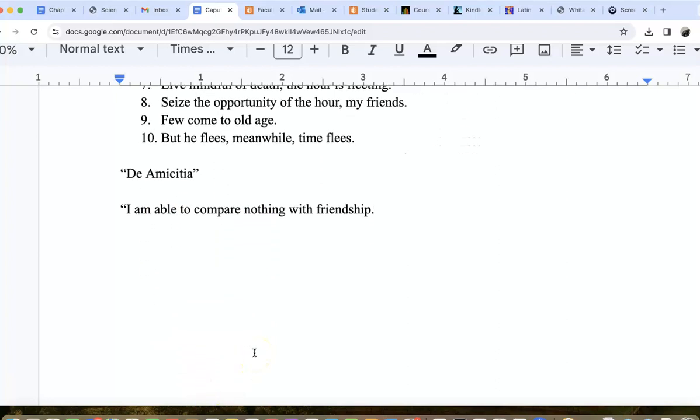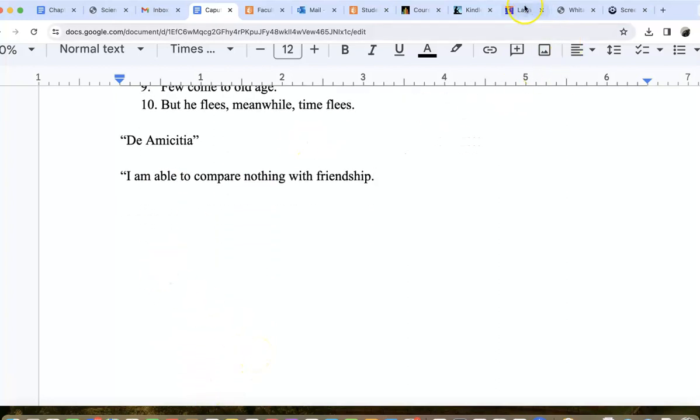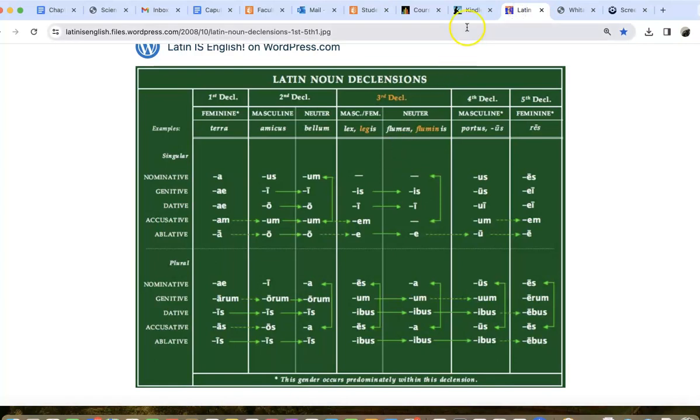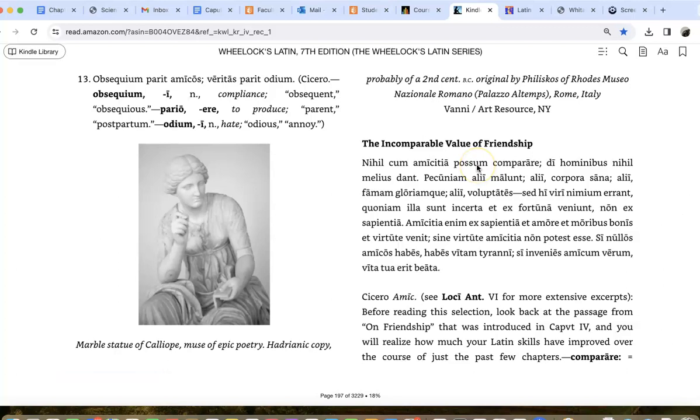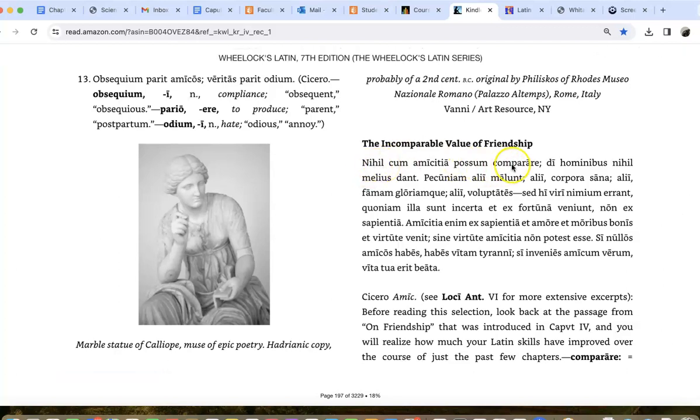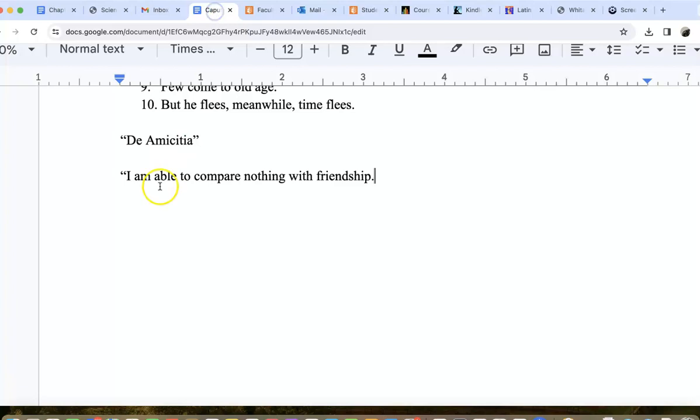Now you may want to change the word order, or you can even say I can, but let me just try to explain this again. So I am able, or I can compare nothing with friendship. And so again, you may have a different word order, but I am able to compare, I can compare nothing with friendship.